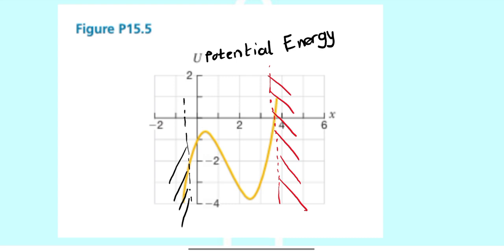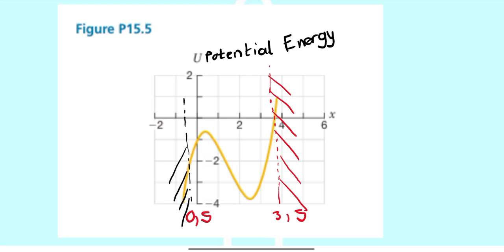So basically the range that we are looking for is from 0.5 up until 3.5. If we keep our values of x in this range, we will get periodic motion, our potential energy will be decreasing and increasing.